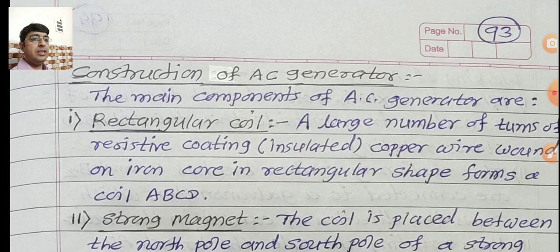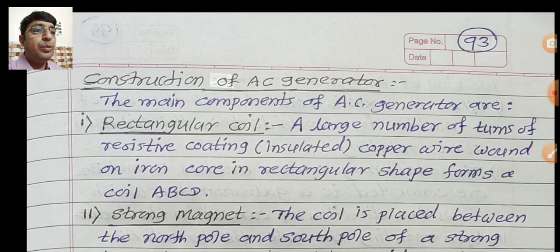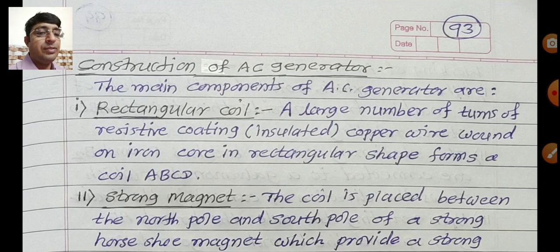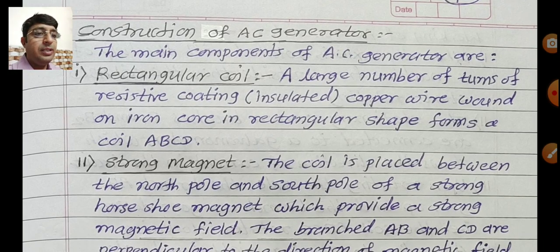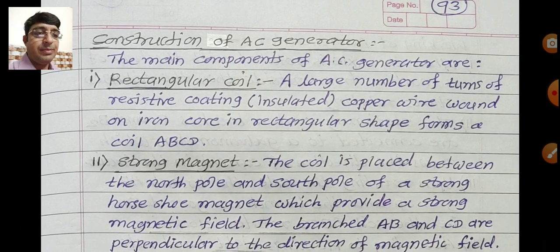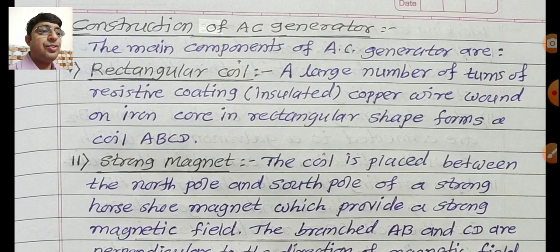Construction of AC generator. The main components of the AC generator are: first, the rectangular coil, same explanation as for the electric motor. A large number of turns of insulated copper wire wound on an iron core in a rectangular shape forms a coil ABCD.